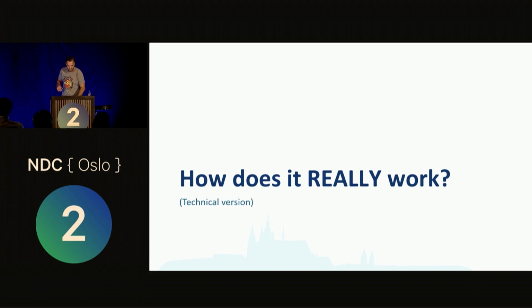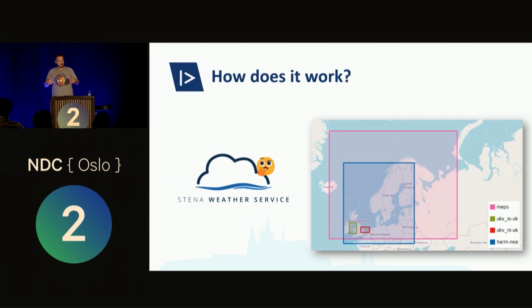So technically, how does it work? When the weather service is asked for the forecast, it checks which forecast providers cover which part of the road. Imagine the road going from one point to another on the map, and each of those parts can be covered by different forecast providers, or they can overlap.